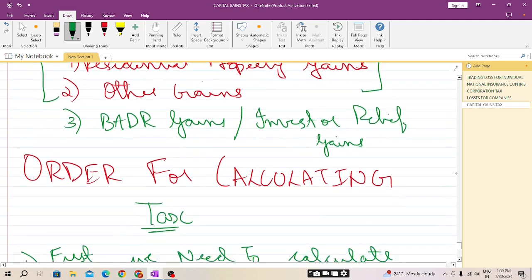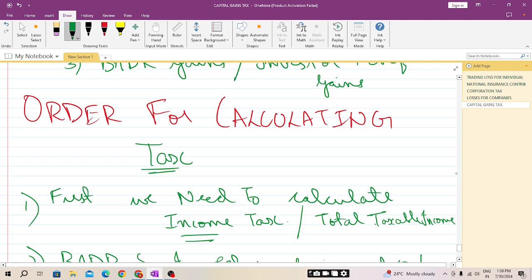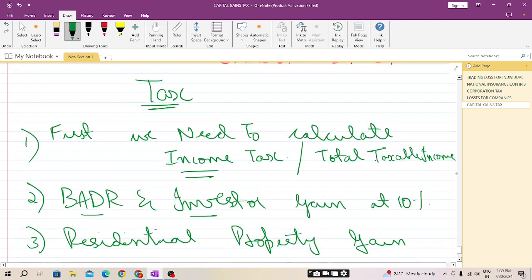But for the order of calculating the tax, first we need to calculate the income tax based on the total taxable income. After that the CGT, capital gains tax, will come into the picture, students. But before that we have BADR and investor gains that will be restricted at 10%.